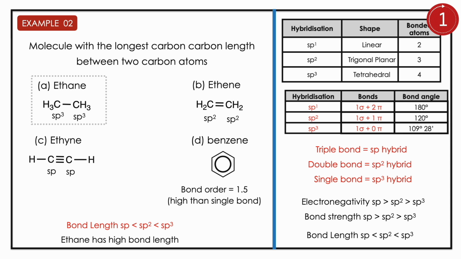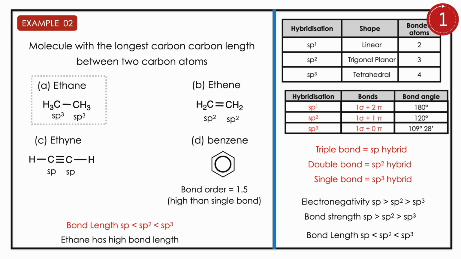To identify the bond length, you should know the hybridization. sp has a short bond length because of the triple bond. sp3 has a higher bond length than sp2 and sp because sp3 is a single bond, sp2 is a double bond, sp is a triple bond. In this structure, ethane is straightforward.